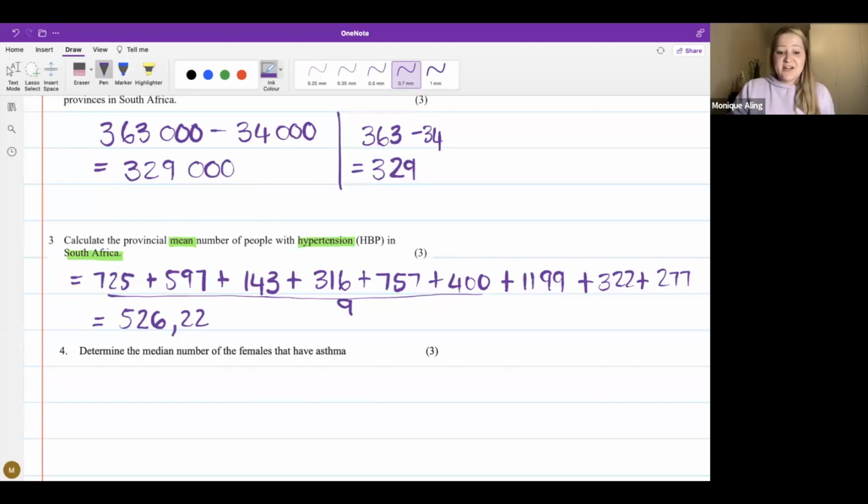If you added the zeros to show that it's thousands, your answer would have been 526,222. So instead of saying 725, you would have said 725,597,000. Then you would have gotten this second answer. Both are fine.